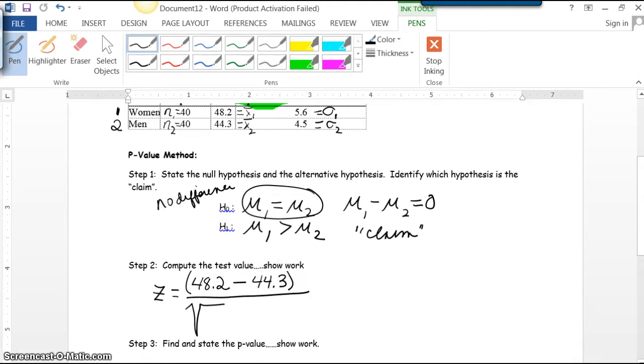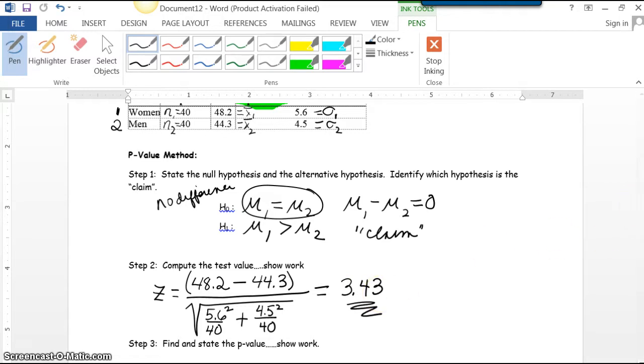And then in the denominator, under the radical, this is your standard deviation for the women squared over the sample size. This is the standard deviation for the men squared over the sample size. You'll sum those up, take the square root of them. You get that in your calculator, you're going to get a 3.43 for your test value.